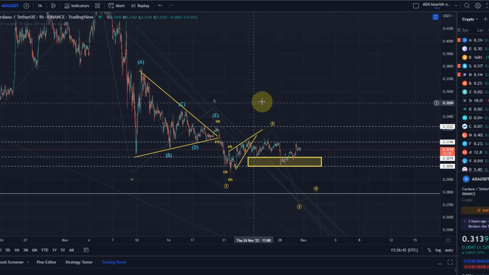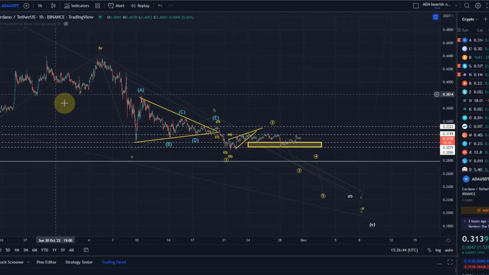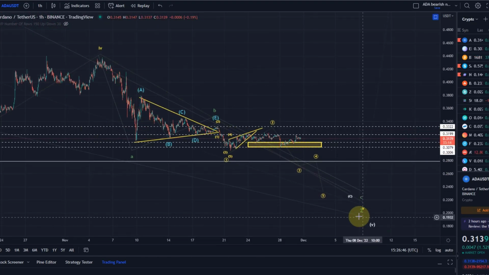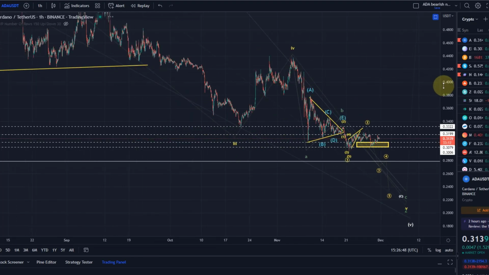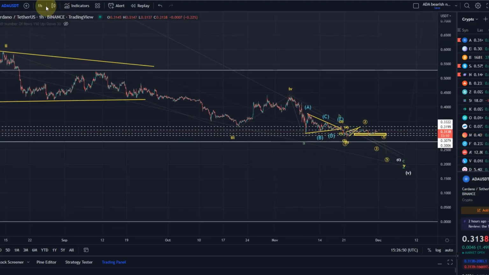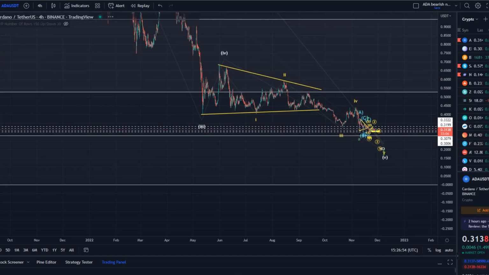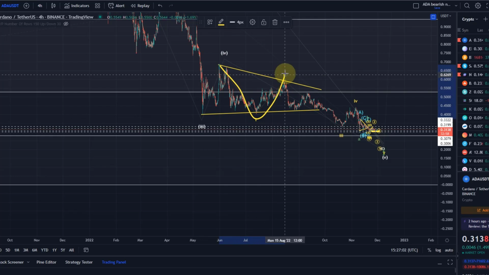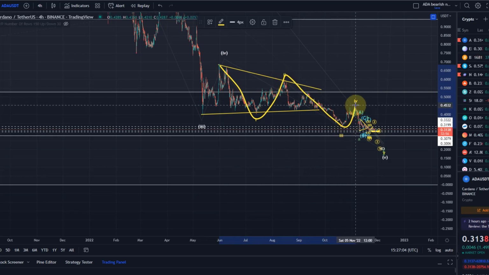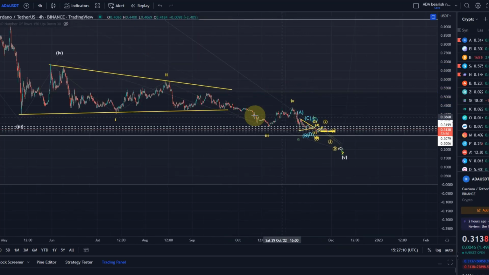If you watch the previous videos, you will know that my assumption is that we still see new lows here, because the overall wave pattern suggests that we are in an ending diagonal for ADA. From the high made at the end of May, we came down in a wave 1, moved up in a 2, came down in 3, moved up in a 4, and one more leg down in a wave 5, and we are now in this fifth wave.